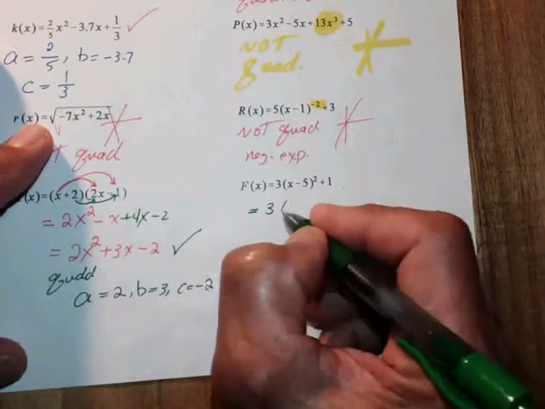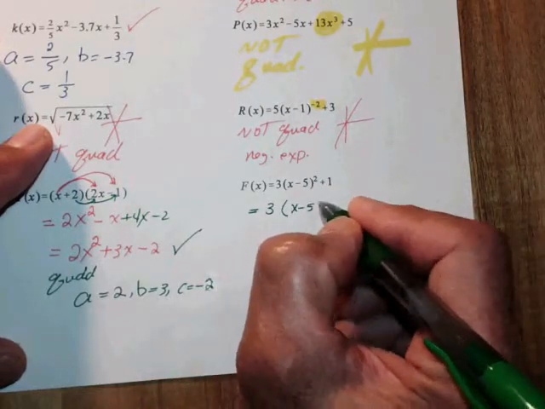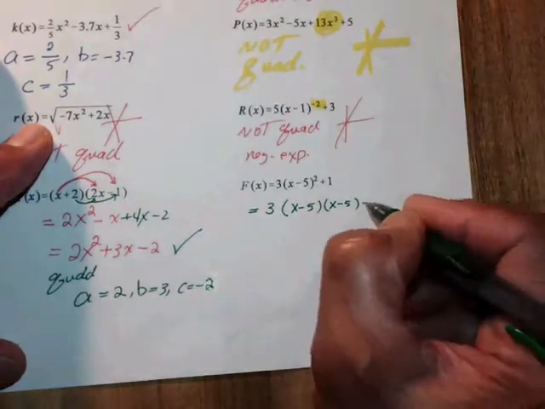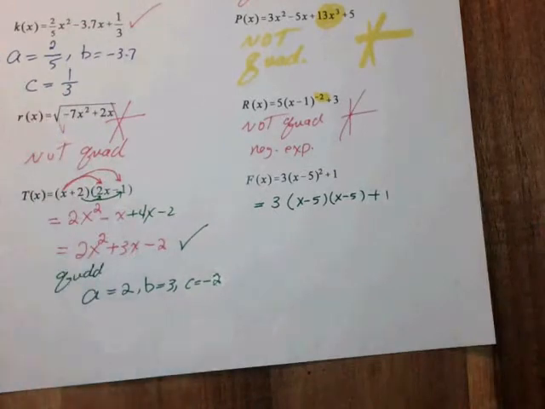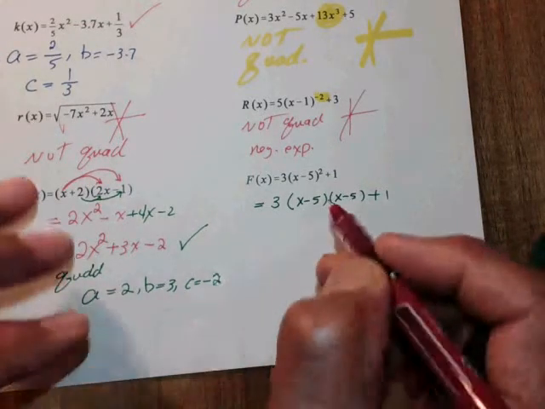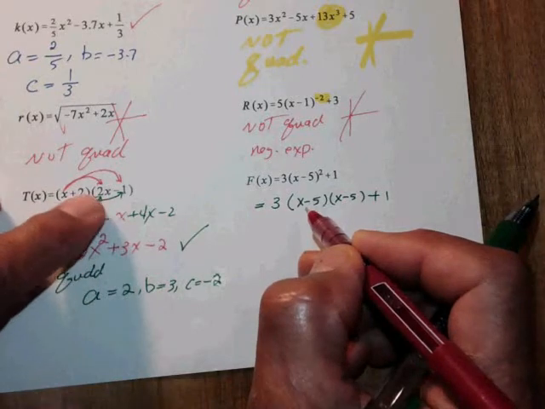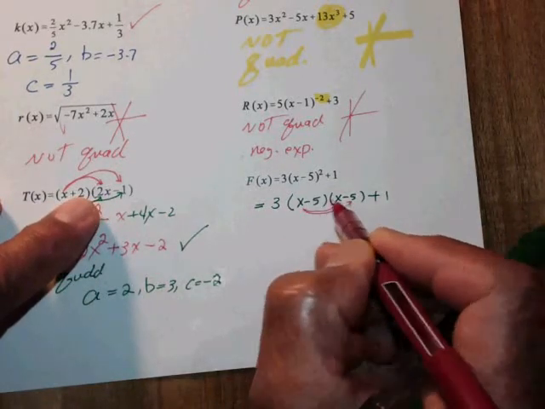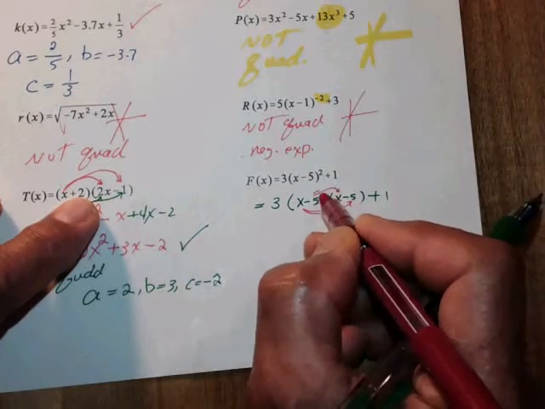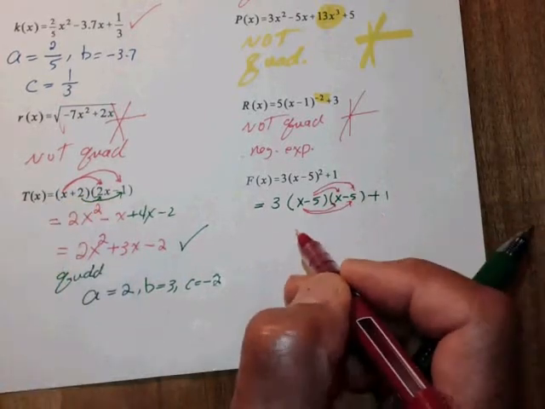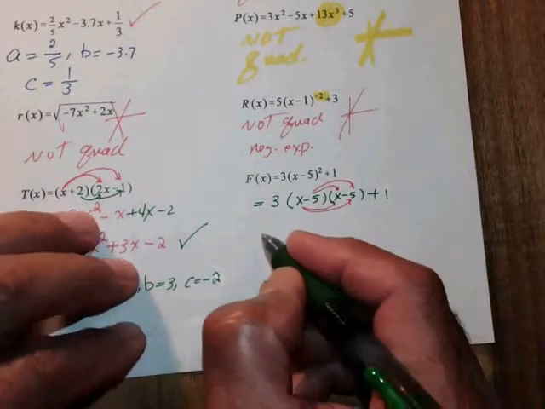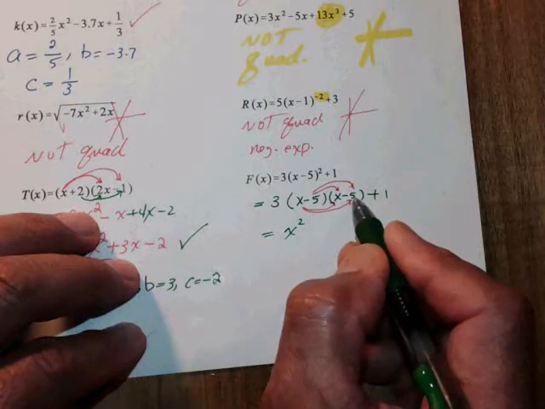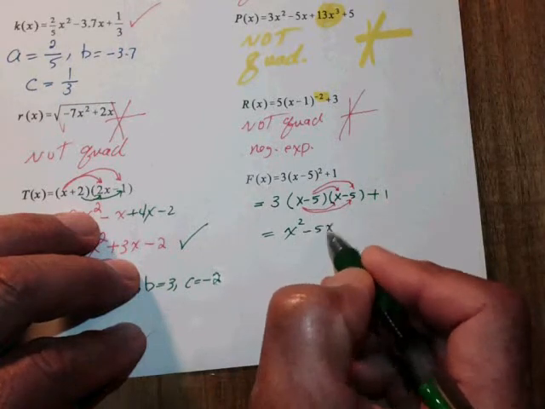x minus 5 to power 2 means x minus 5 times x minus 5, twice, plus 1. Okay. And if you go ahead and expand this just like you did here, see x times x, x times 5, 5 times x, 5 times 5. Let's see what we get. X times x, you get x squared. X times 5, you get negative 5x.